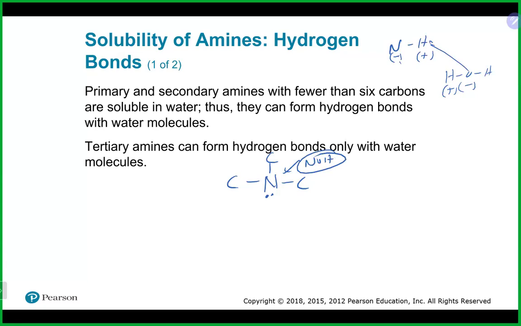Because it has no hydrogens, it makes it a little bit difficult for it to hydrogen bond with itself, but it can hydrogen bond with water, as the water is going to provide the hydrogen. It cannot hydrogen bond with itself, as it's lacking hydrogens to do so, but it can do that with water, as the water supplies the hydrogen.